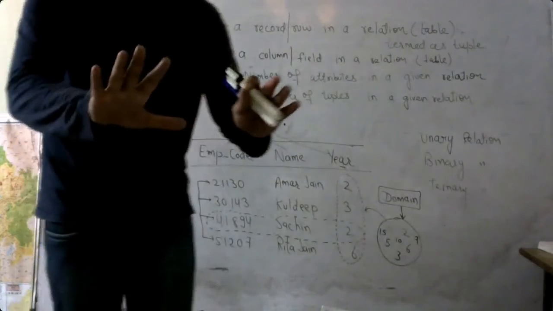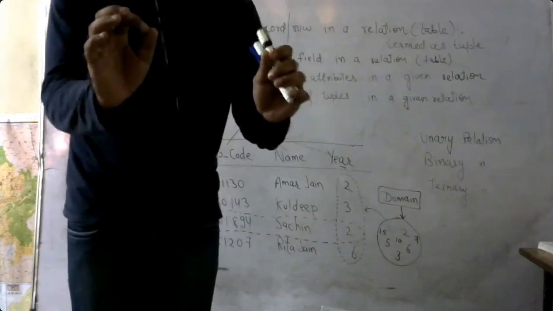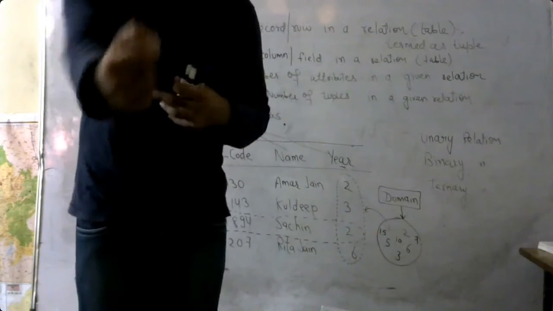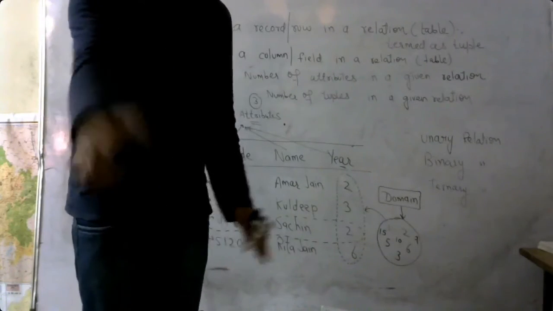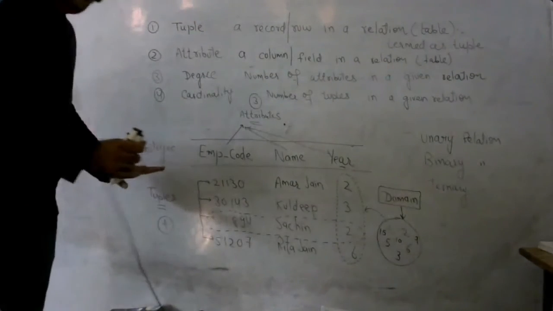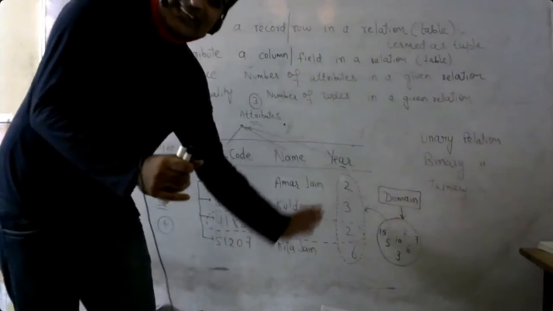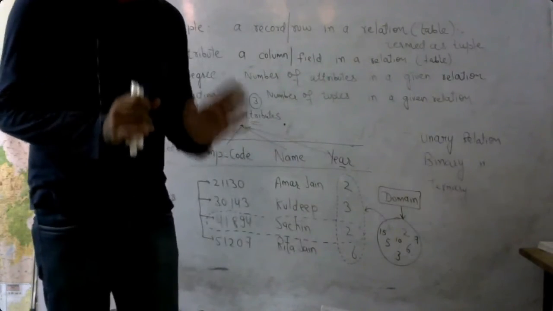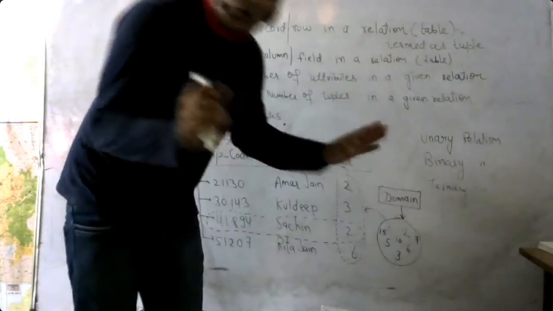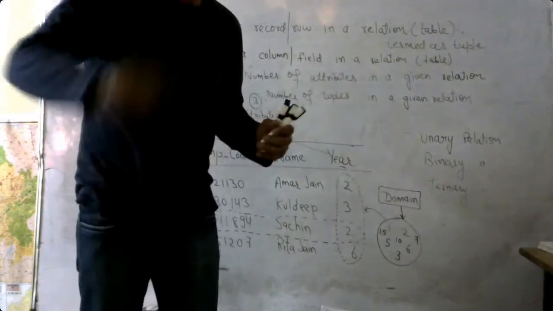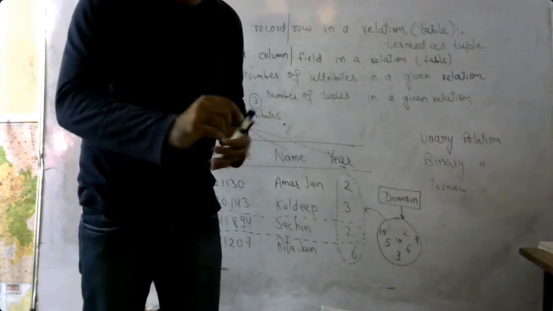Suppose there is a company, an organization, with 100 employees. Let's take the example of your college. There are 100 employees, and in a relation, we have made entries of 10 employees. So there will be a domain in which there will be values, how much experience a particular faculty has.